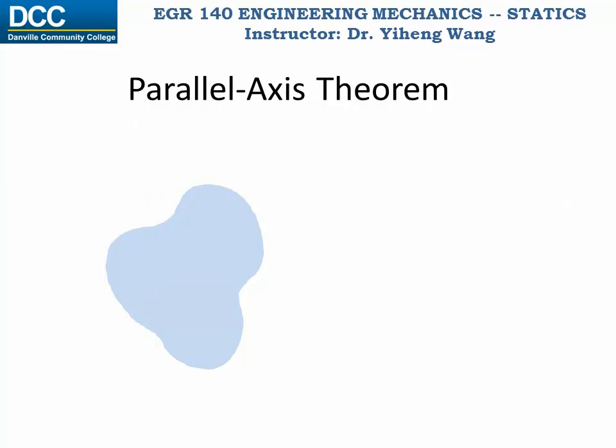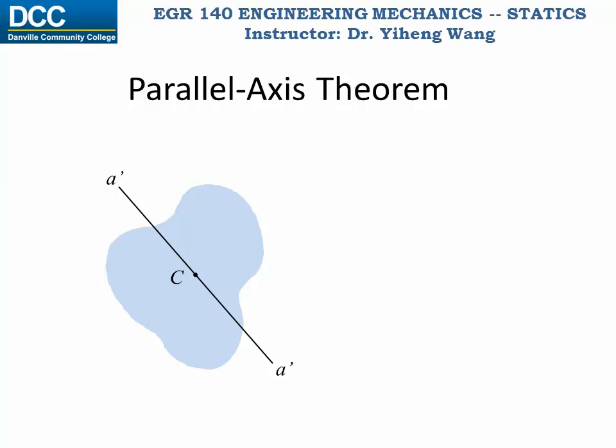A very useful and important theorem is the parallel axis theorem. For an area, if you know the position of its centroid, point C, let's say there is an arbitrary axis that passes through its centroid, axis A prime.